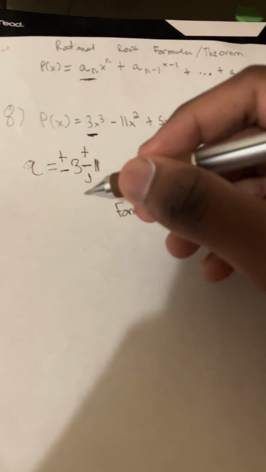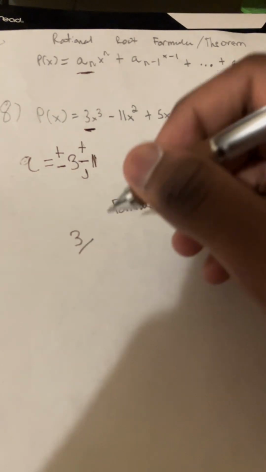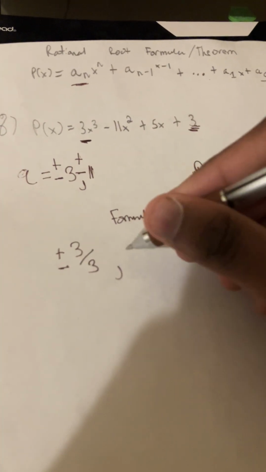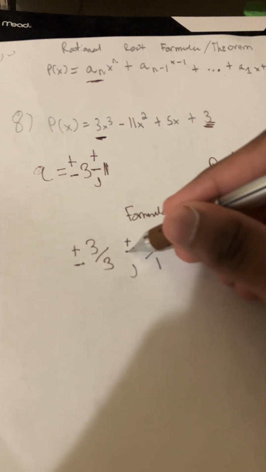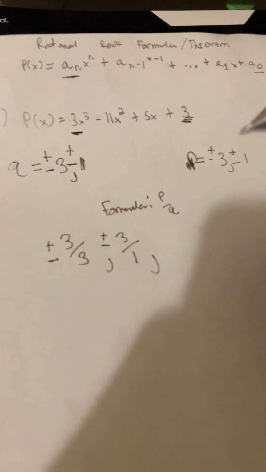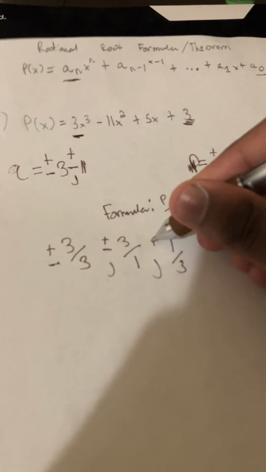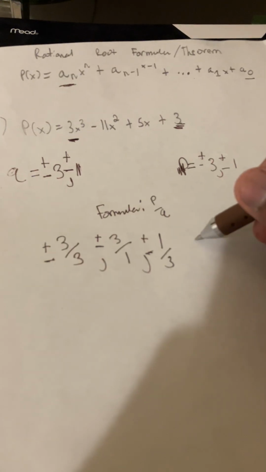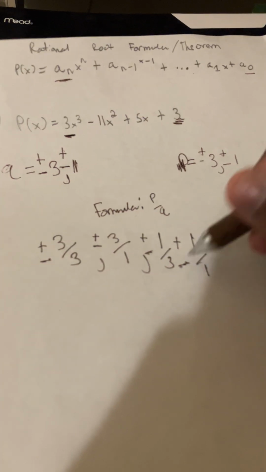We're going to start off here with plus or minus 3 over 3, and then plus or minus 3 over 1, and then plus or minus 1 over 3, and then plus or minus 1 over 1.